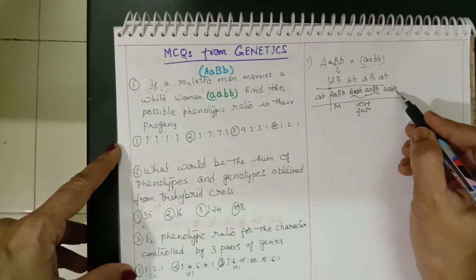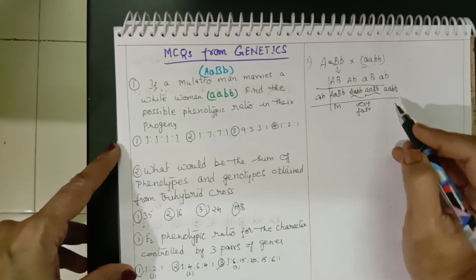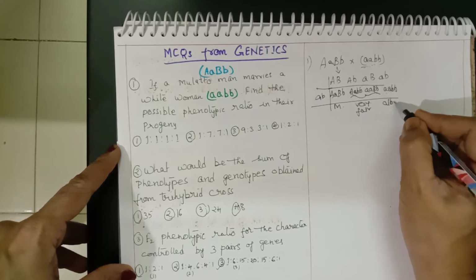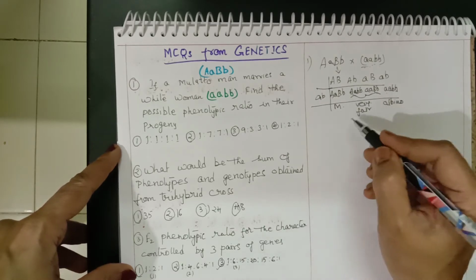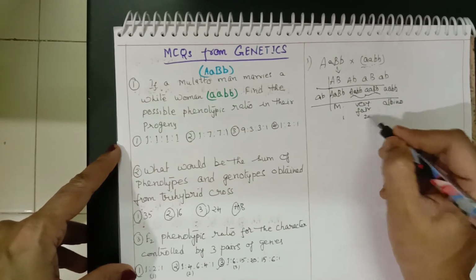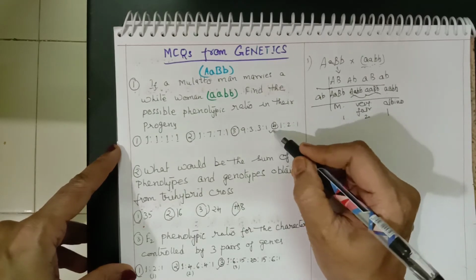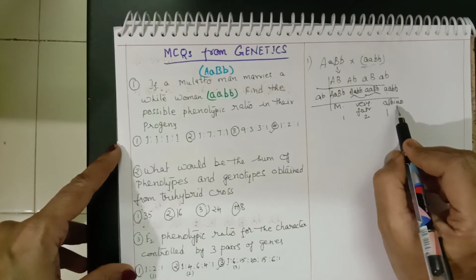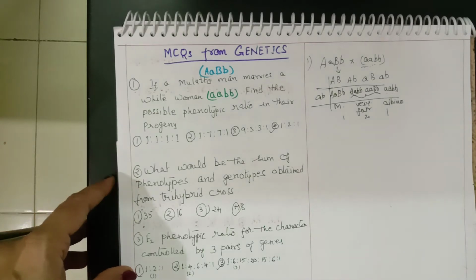And the last one is completely recessive, so this is completely white, or we can call it albino. So 1:2:1, this will be the answer. 1 is mulatto, 2 are very fair, the other one is albino. This is the first one.